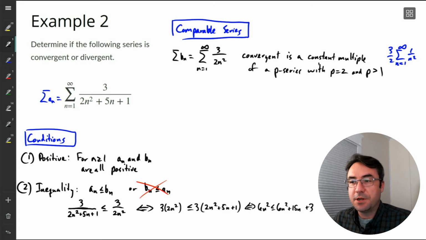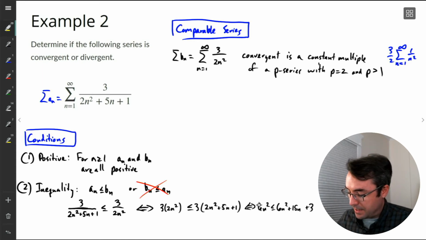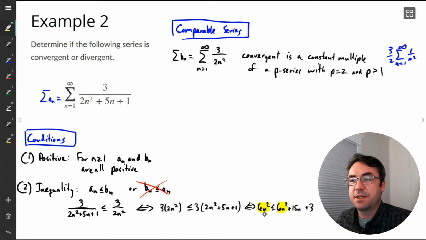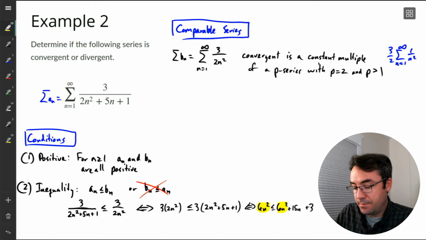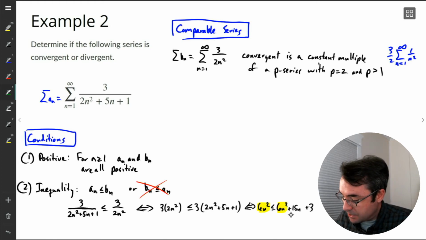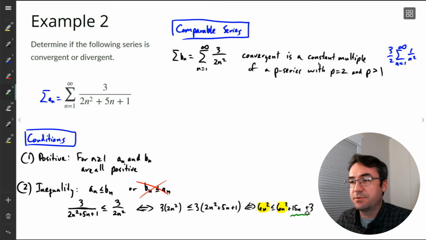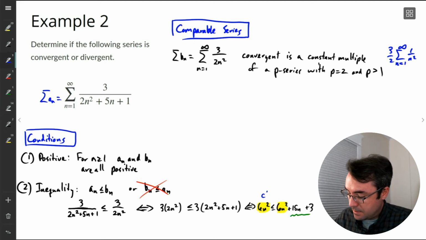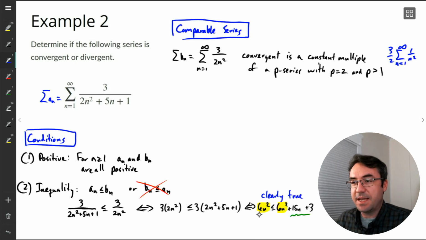And if we go a little bit further, but we probably already know, this is true, because on both sides of this inequality, we have the same term. And then we're just adding a few extra positive terms here on the right. So this is clearly true. Because we have that same term that shows up on both sides, and then we're adding a few extra terms there on the right.